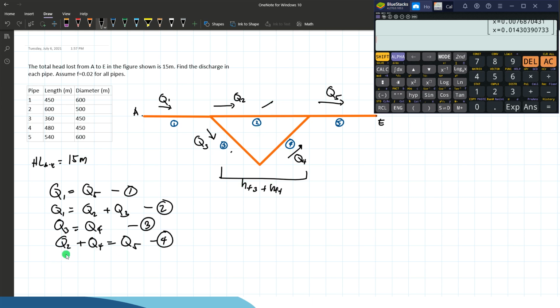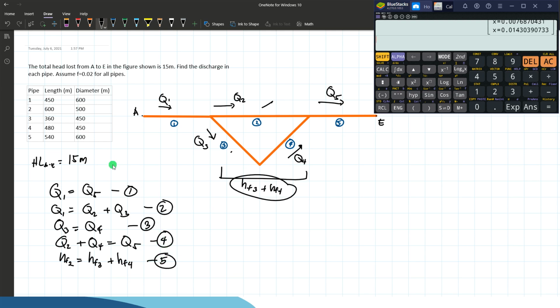So if we make an equation, pipe number 2 head loss is equal to the head loss of this pipe 3 and 4. So just take the sum of the two pipes, head loss 3 plus head loss 4. So that's another equation.